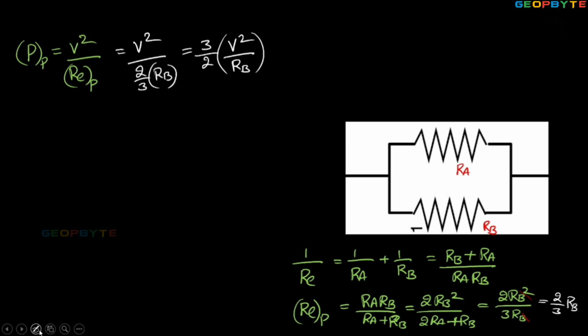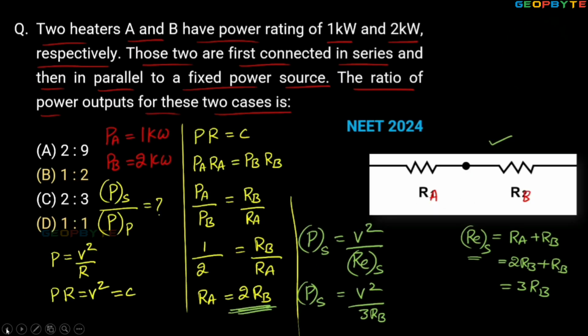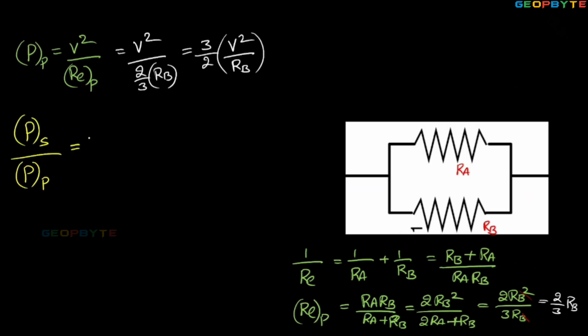Then power output for the series arrangement divided by power output for the parallel arrangement. Power output for the series arrangement equals what? V square by 3RB, divided by, for the parallel arrangement, 3 by 2 V square by RB. Now you simplify it.